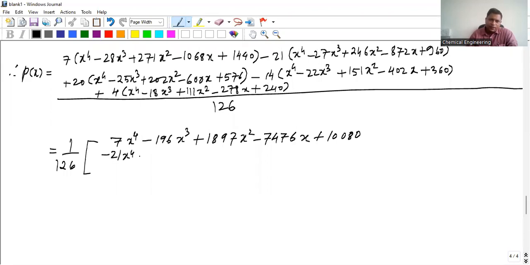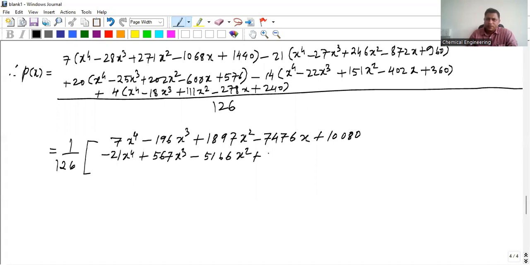So minus 21x raised to 4 plus, what is the term we have here? 567x cubed, minus, what is the term here you'll be having? 46 into 21, 5166x square.